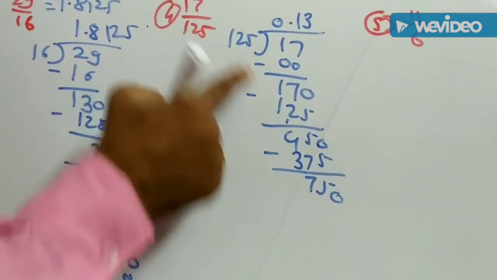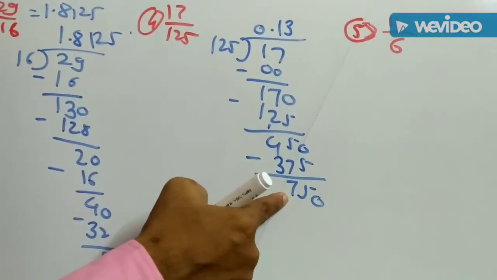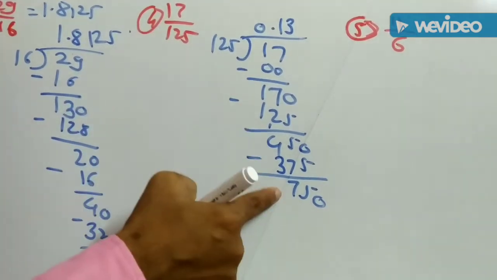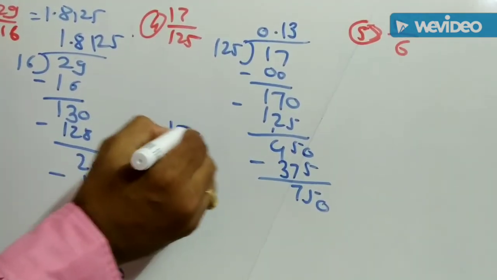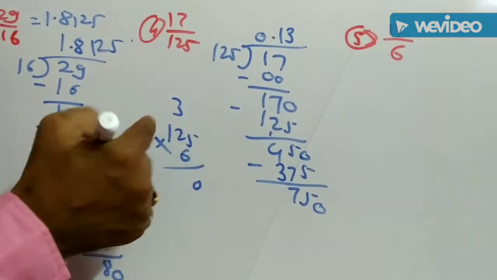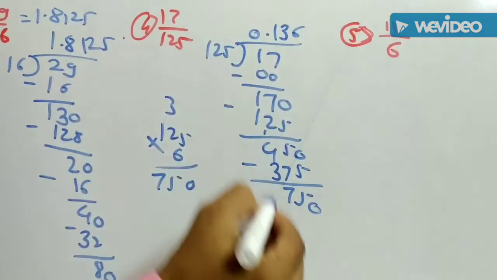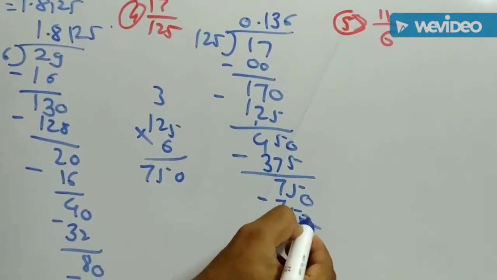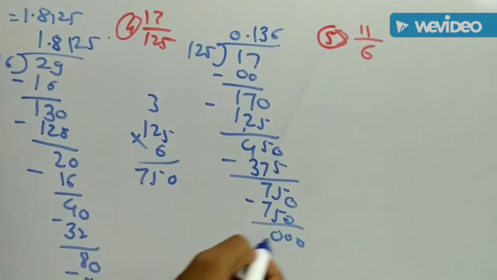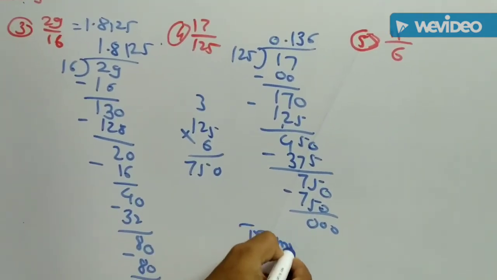Now table of 12 up to 75, 12 fives are 60, 12 sixes are 72, 12 sevens are 84, therefore we multiply by 6, 6 fives are 30, 12 sixes are 72 plus 3 is 75, that is 750, remainder is 0, that means it is the terminating form.